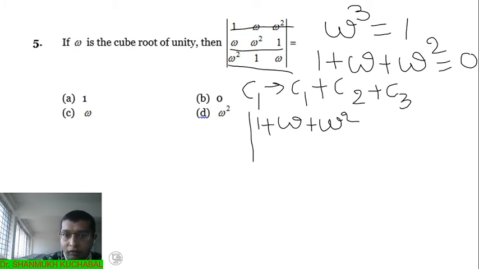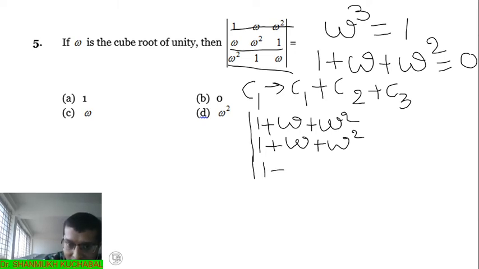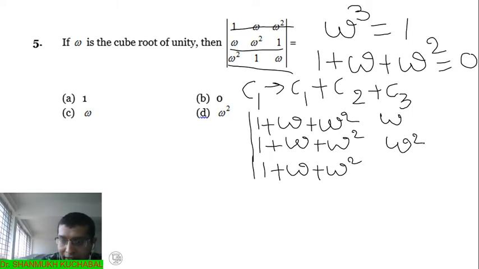Then omega plus omega square plus 1, I rewrite this as 1 plus omega plus omega square. Then once again omega square plus 1 plus omega, I rewrite this as 1 plus omega plus omega square. Remaining two columns, I am going to write as it is, 1 omega square 1, and here it is omega square 1 omega.